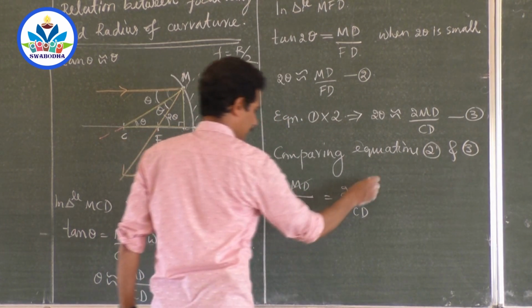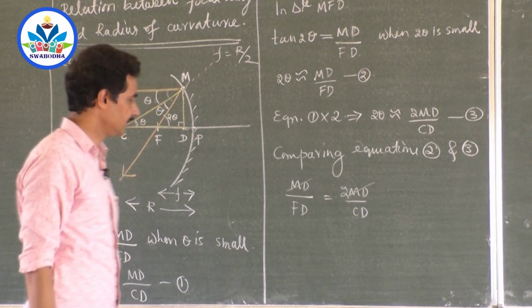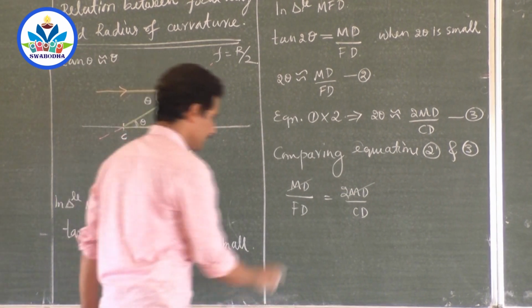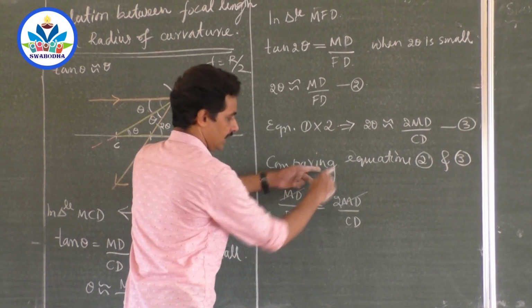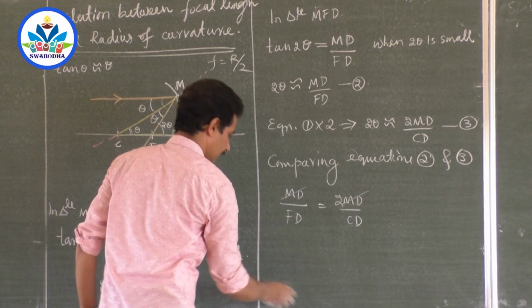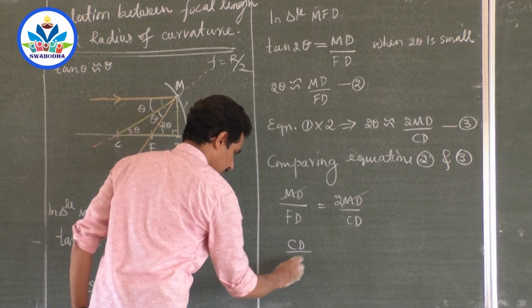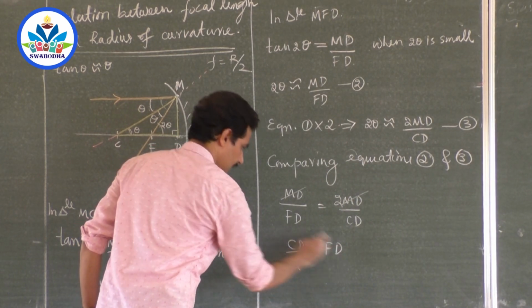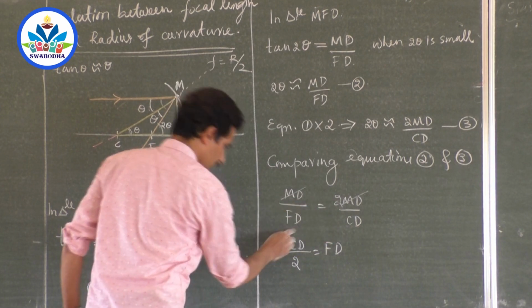Now MD can be cancelled. Invert on both the sides, or bring this CD by 2 here, FD here. So CD divided by 2 becomes FD.